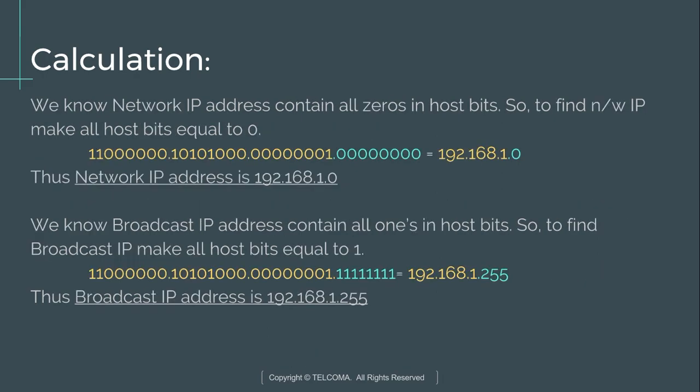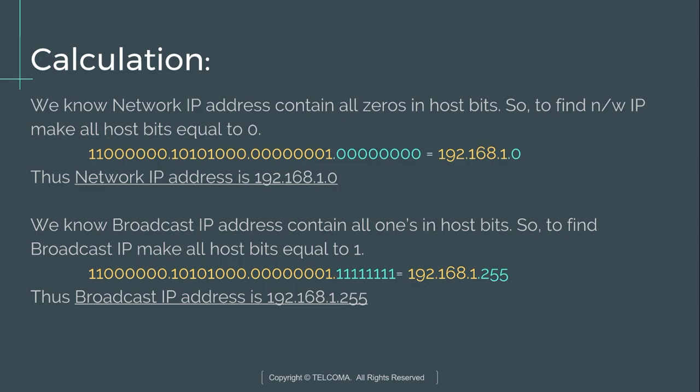Now calculate the network IP address. To calculate the network IP address, make all host bits equal to 0. By making all host bits equal to 0, it will give us the network IP address of the given IP. So the network IP address of this IP address is 192.168.1.0.